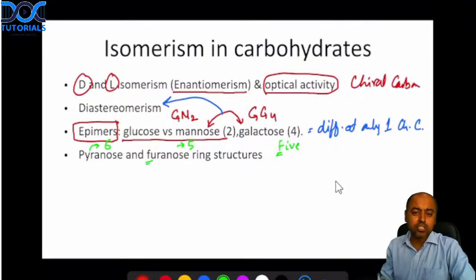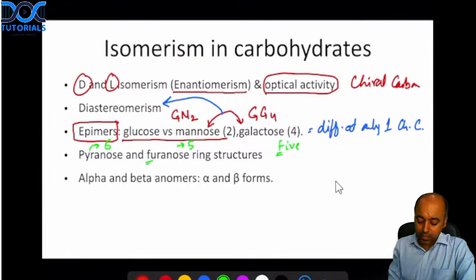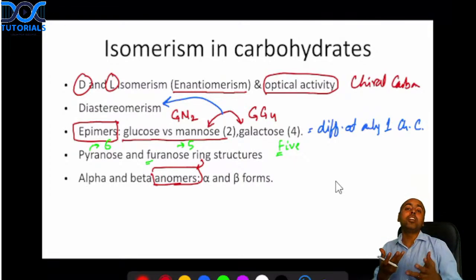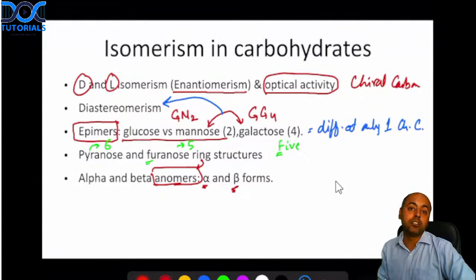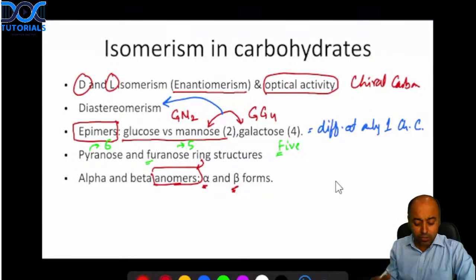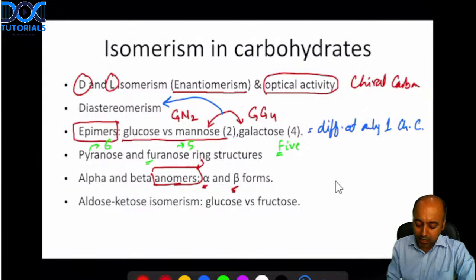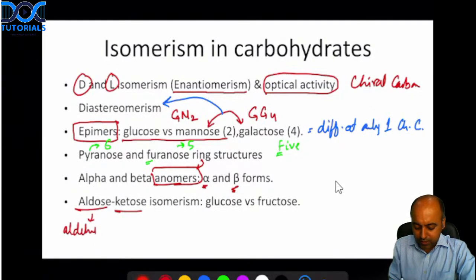And then in the ring structure, we have another isomerism called anomerism. Anomerism is seen only in the ring structure. In the linear form, anomerism is not seen. So here we get the alpha and the beta forms. Lastly, based on functional groups, we have the aldose and the ketose. In aldose, the functional group is the aldehyde, and in ketose, the functional group is the keto group.